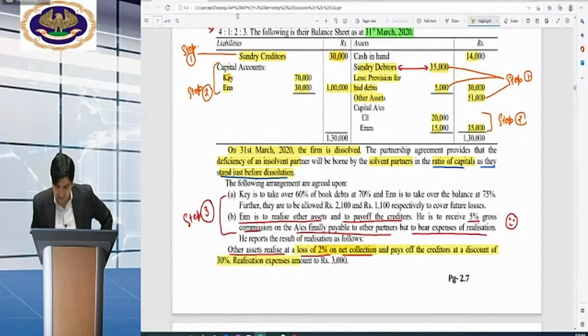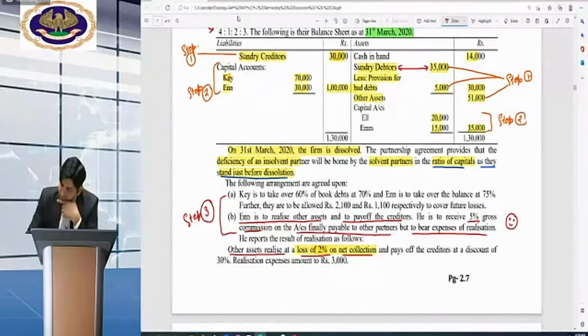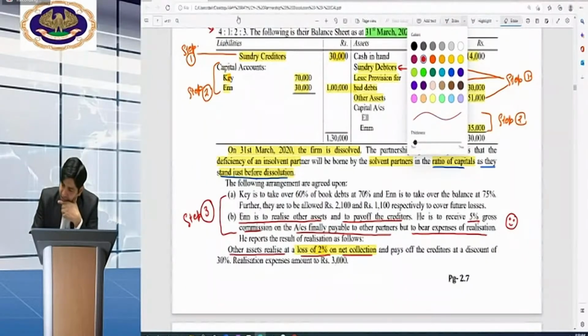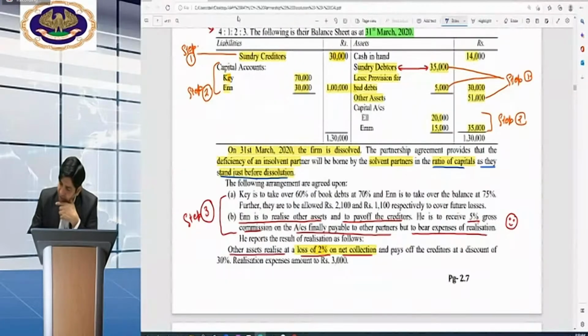It means total is 102. Suppose, see, gross is there. I am taking another color pen, so that you can connect in a proper manner. There is gross.